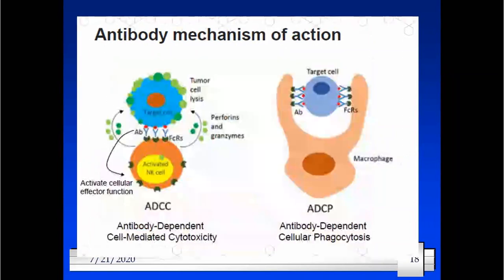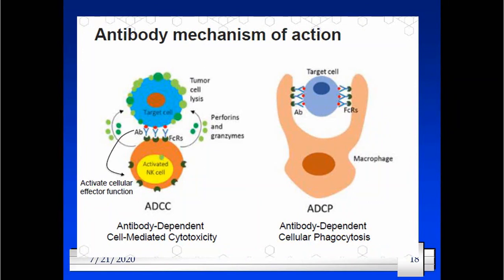The other slide will continue the mechanism of antibody action against the tumor, and here we have an important mechanism of the antibody, which is called antibody dependent cell mediated cytotoxicity. This is shown on the left.